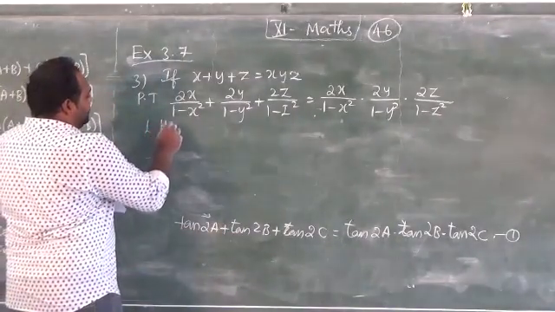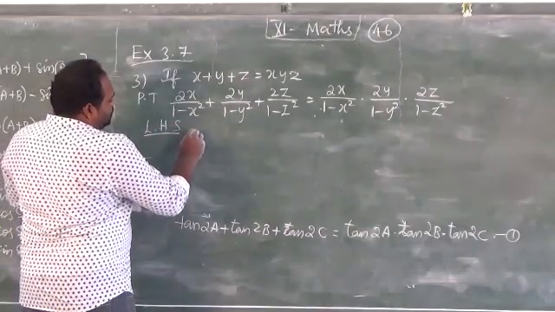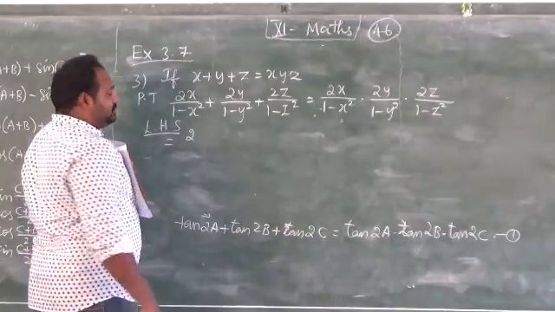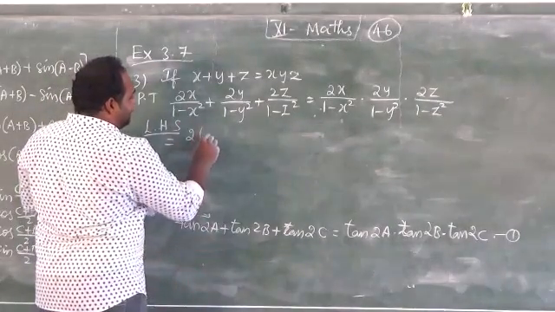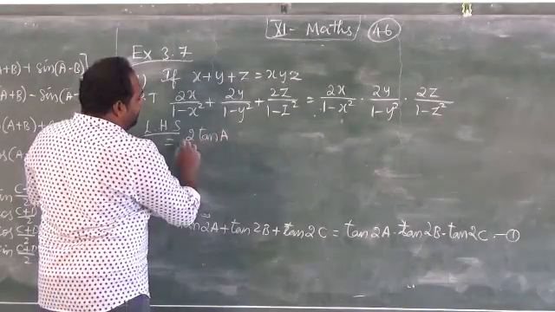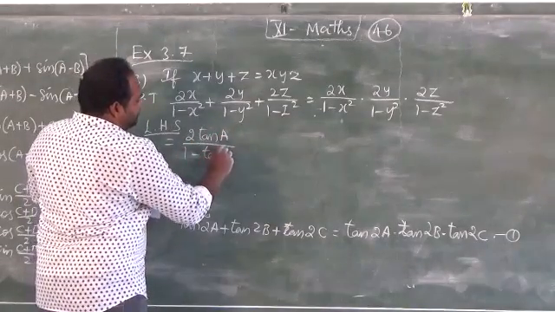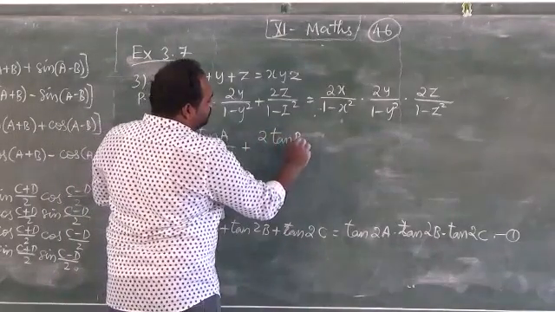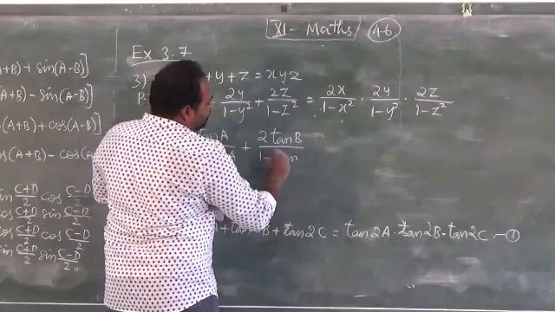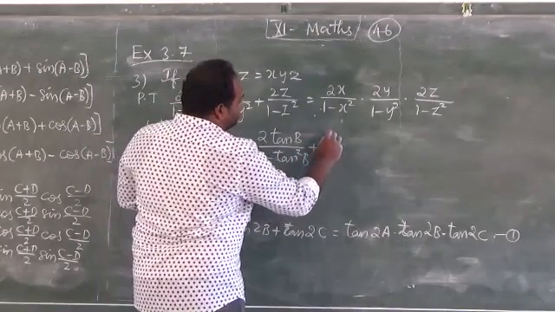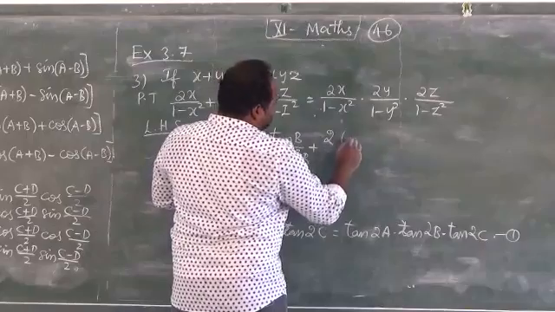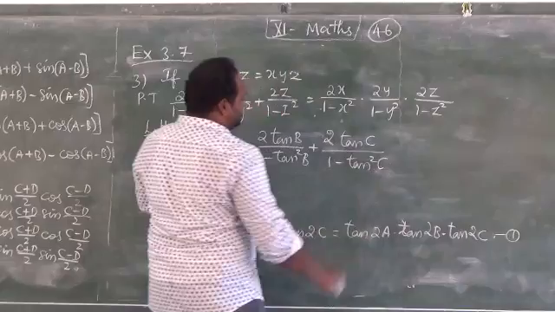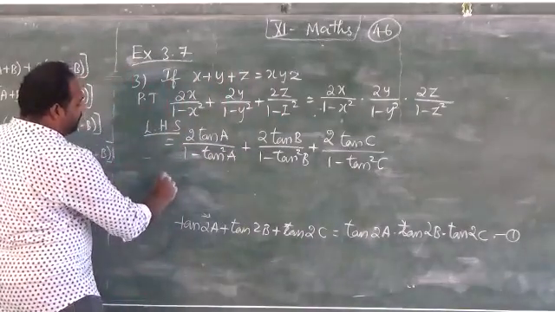Let me take the LHS. Instead of x, we have already assumed x as tan A, isn't it? So 2 tan A by 1 minus tan square A, plus 2 into tan B by 1 minus tan square B, plus 2 into tan C by 1 minus tan square C. Look at here, this is the form of the formula we know.